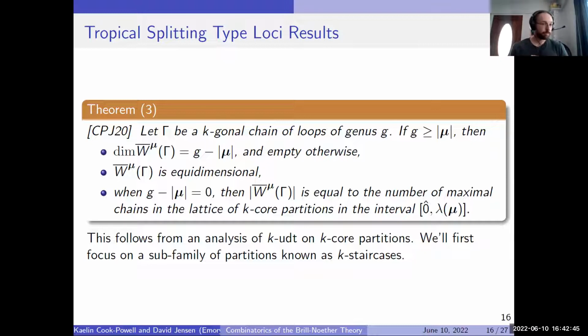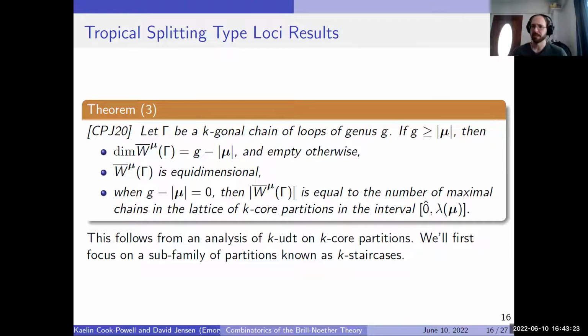And so the important combinatorial result needed to prove the dimensions of splitting loci when it comes to algebraic curves is that if I have a k-gonal chain of loops of genus g, and as long as the genus is at least the magnitude, then I can talk about the dimension of the splitting locus of the k-gonal chain of loops, and it's actually equal to g minus the magnitude.